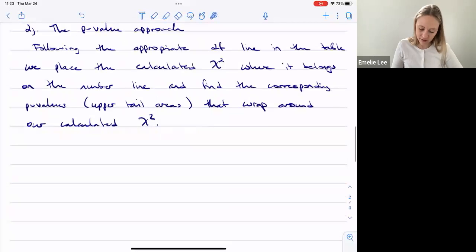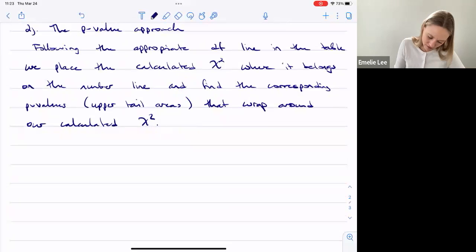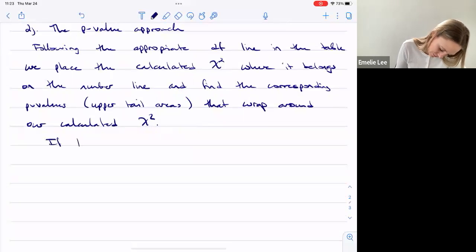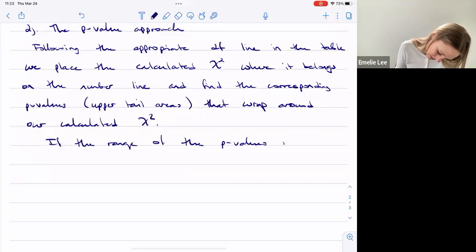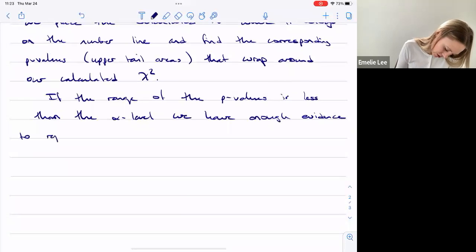Our conclusion here stays the same. If the range of the p-values is less than 0.05, or less than the alpha level, we have enough evidence to reject H0.